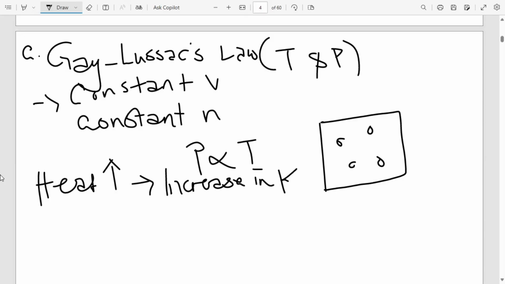in kinetic energy. So there will be increase in kinetic energy, and kinetic energy is the energy that is possessed by a substance due to its motion. So it is going to increase the motion of those substances such that they will start hitting the surrounding at a much faster rate. But we're having the same volume, we're having the same number of molecules.